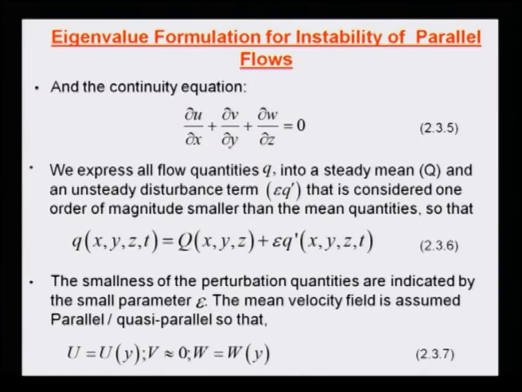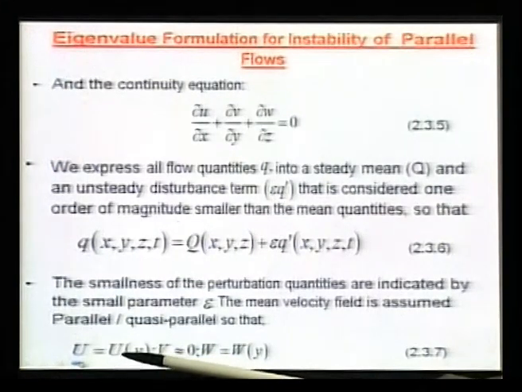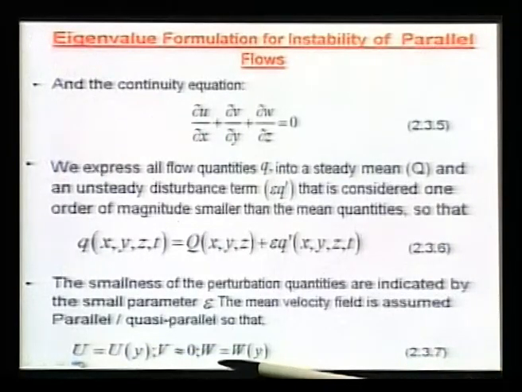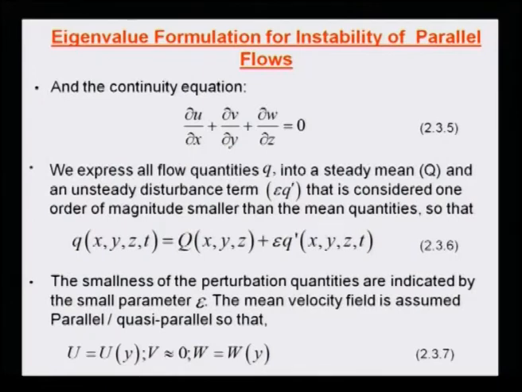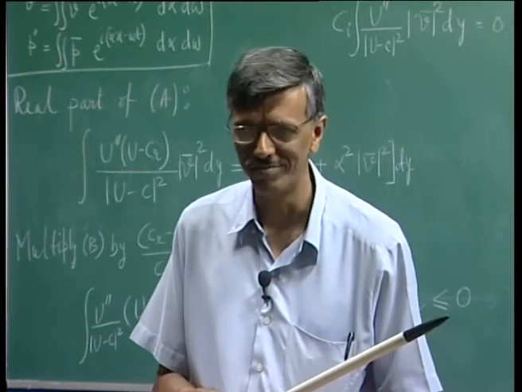At this point in time, let us just simply appreciate that for the parallel flow approximation to hold, we will make capital U a function of y, capital W a function of y. Such an assumption is called the parallel flow approximation or quasi parallel flow approximation. Because what happens when we have a boundary layer, it is quite sacrilegious to talk about no growth. We all know the boundary layer grows, right.